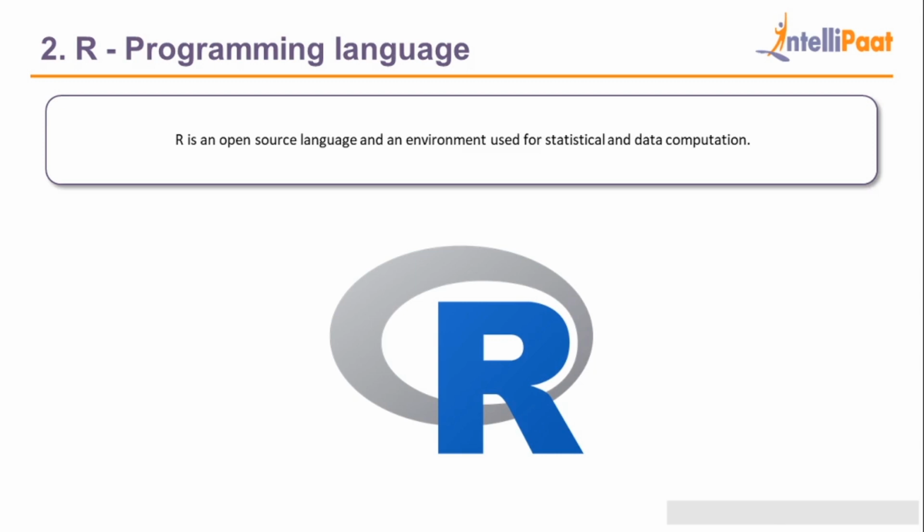But R has multiple different packages developed for certain purposes that you will need for your particular data model or problem solving. It has around 8,000 to 10,000 packages in its open source repository, CRAN, and it is able to handle very complex linear algebra models also.